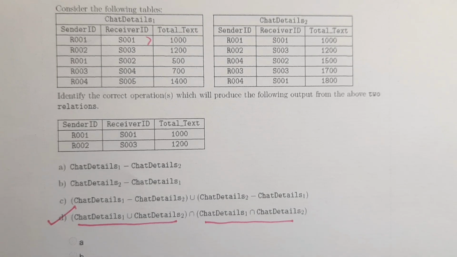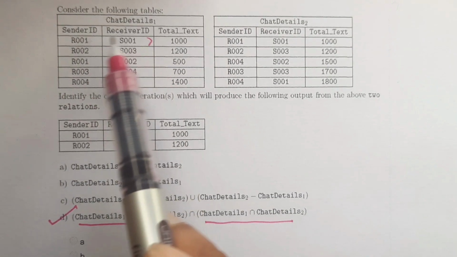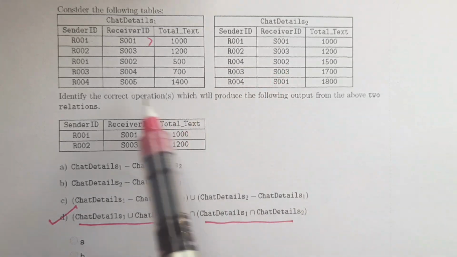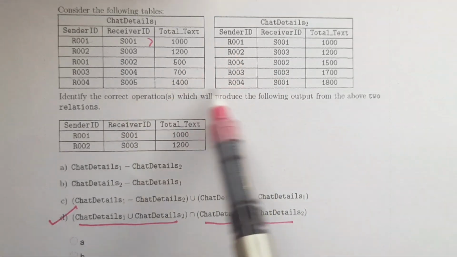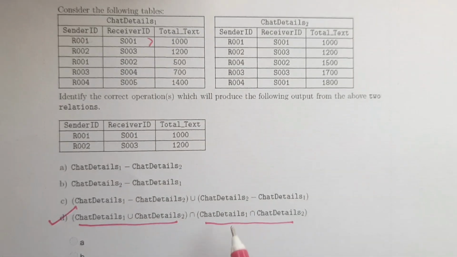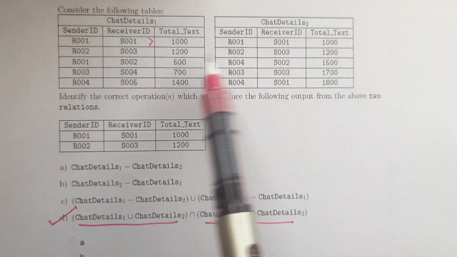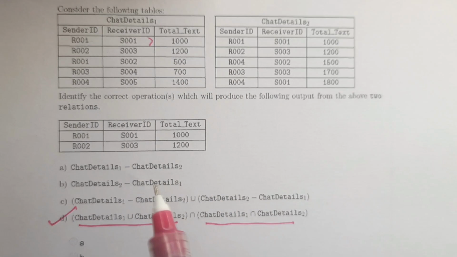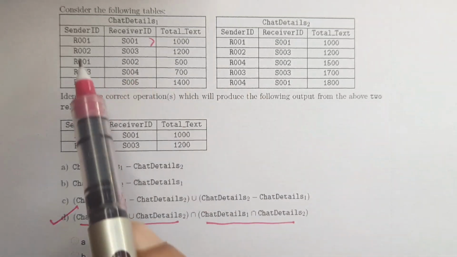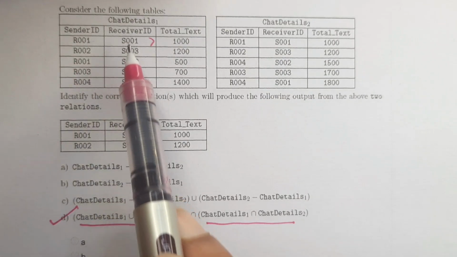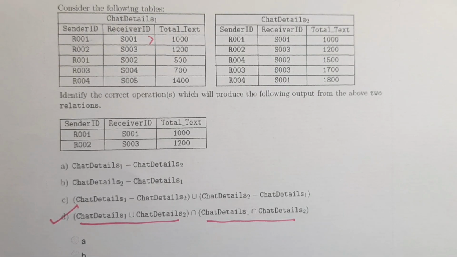So when you find union, what is going to happen, you combine and write this table as well as this table, so all details will come. Intersection, only the same values in both will come. If you do union, what is going to happen, 1 0 0 1 1000.